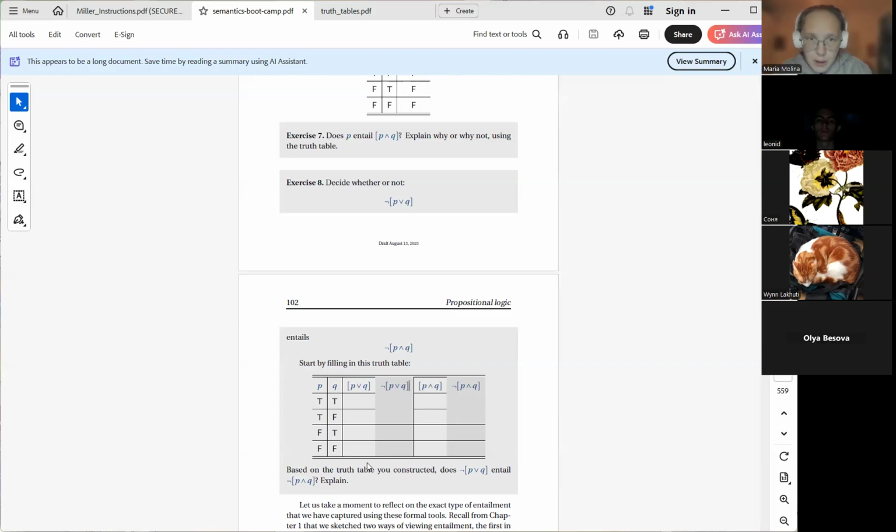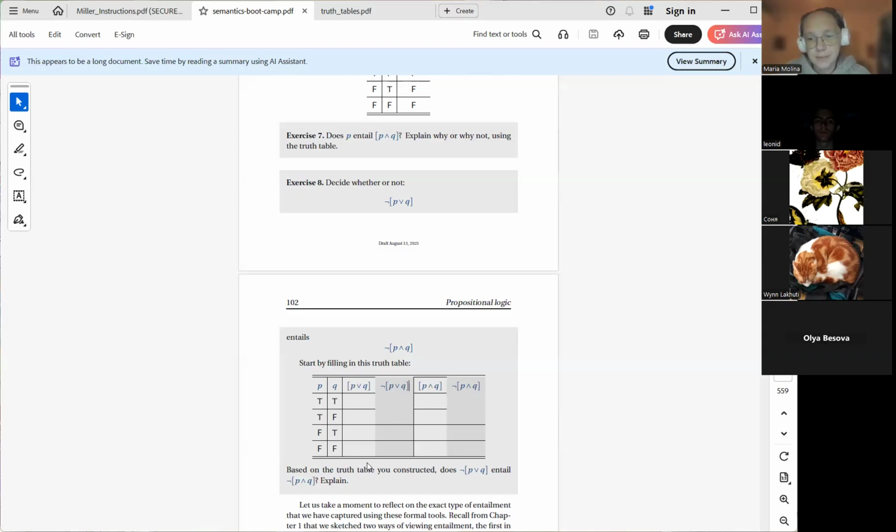So it is raining is false. It's not raining. It's windy is false. It's not windy. And negation of the situation that it is raining and windy gives us true.